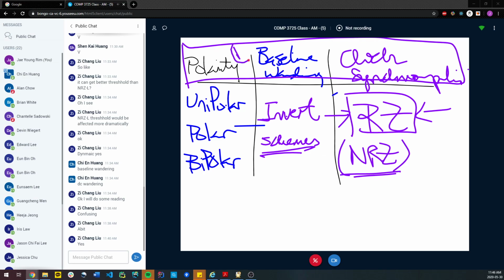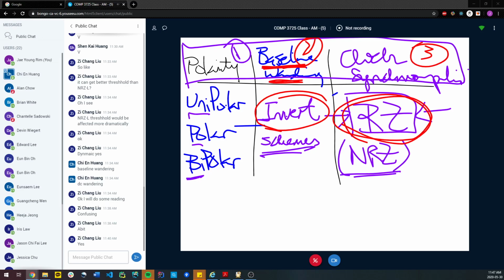From a polarity point of view, there's unipolar, polar, and bipolar. For DC wandering or baseline wandering, we use invert schemes, which means subsequent ones or subsequent zeros should change in polarity. The third issue, clock synchronization, we deal with using a return to zero scheme. Is that clear?